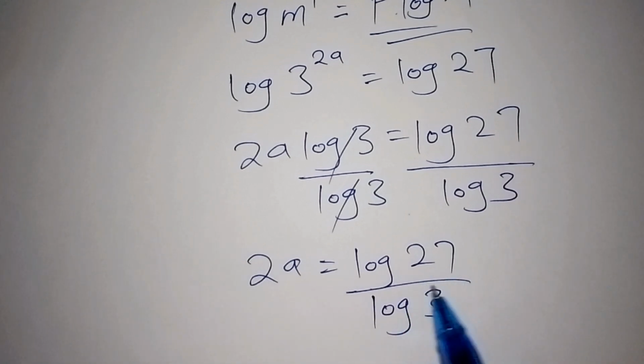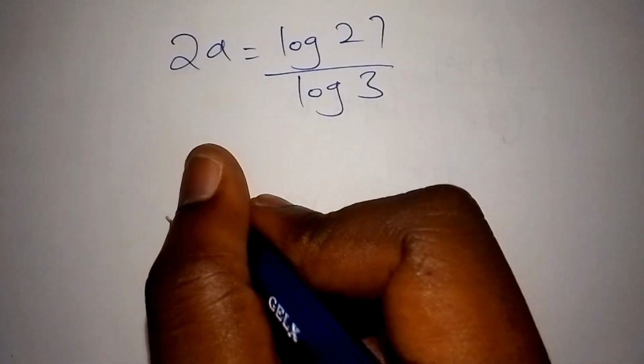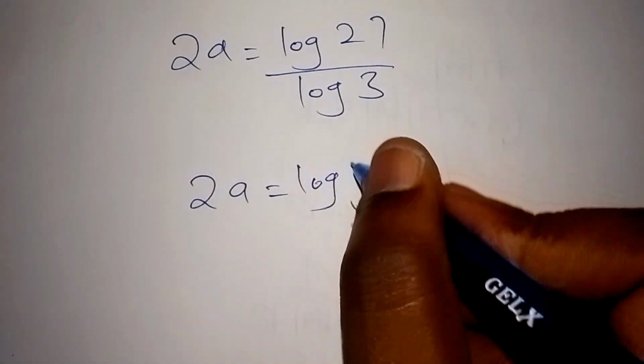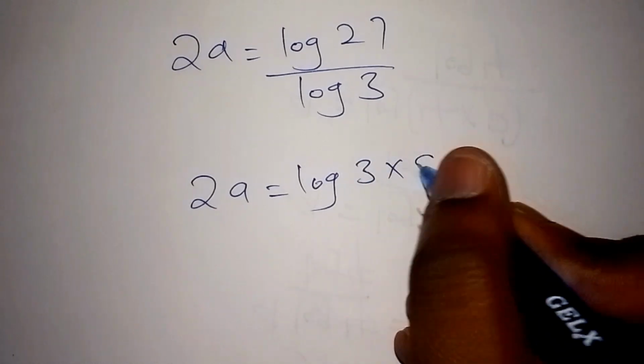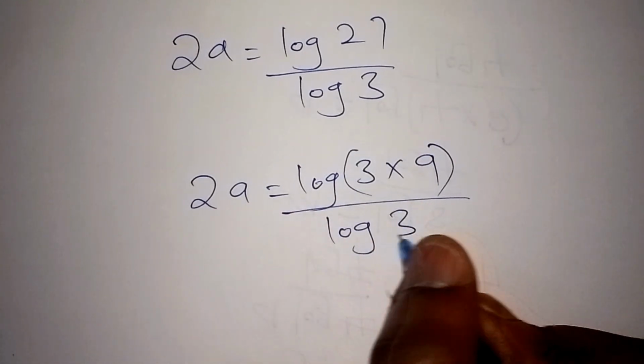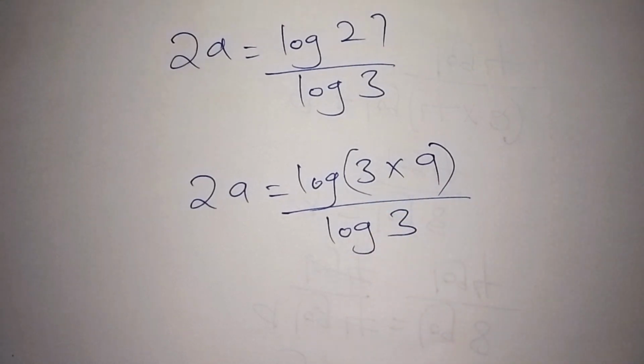This does not mean that we stop here. Let's now factorize the log of 27 all over the log of 3. So 2a is equal to the log of 27, which can also be written as the log of 3 multiplied by 9, all over the log of 3. The reason is that 3 multiplied by 9 becomes 27.